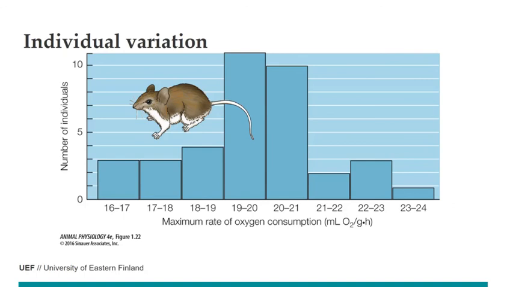They are able to use 24 milliliters, and some are consuming only 16. And this difference means that actually those that are using a lot are also producing a lot of ATP, and perhaps they can run faster. So in the population, there can be differences between the individuals.